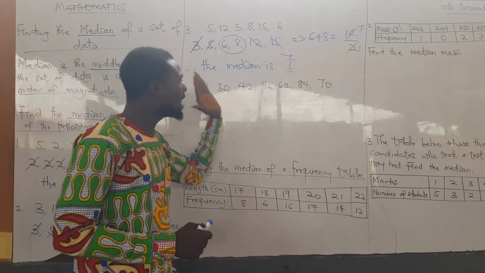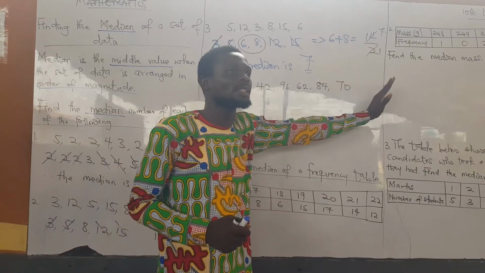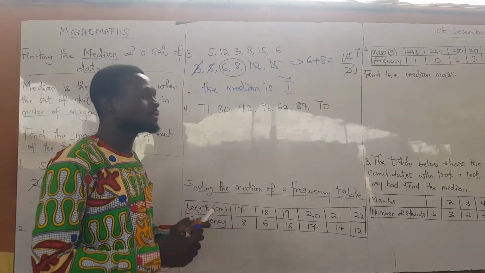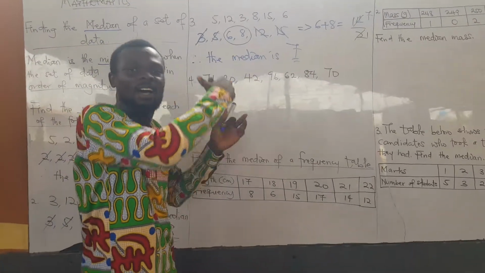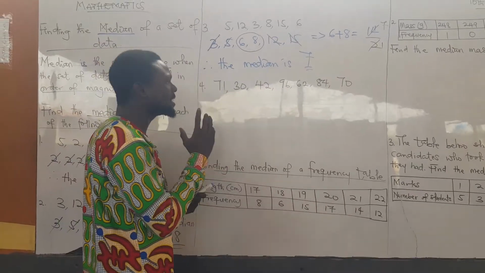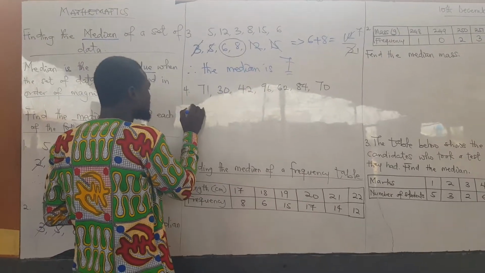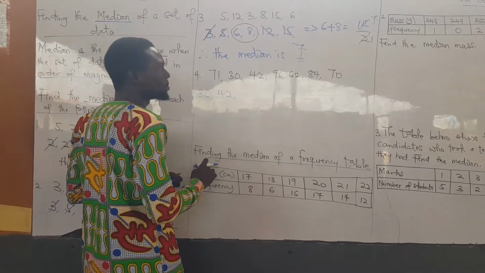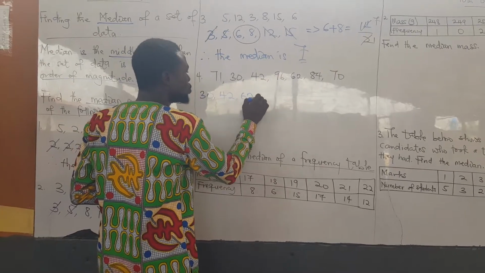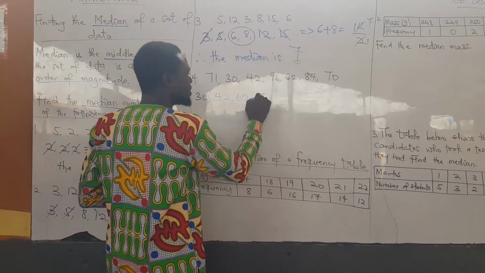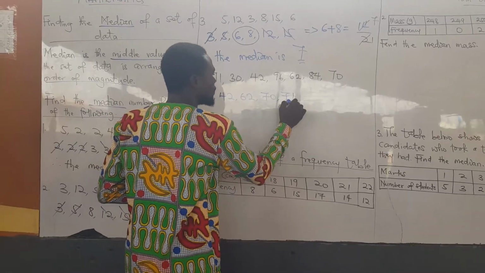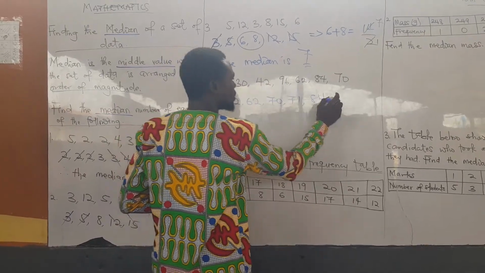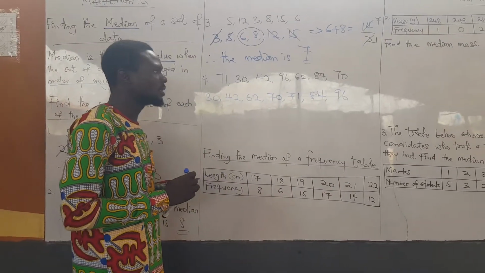To find the median number, arrange the given set of data in ascending order. If I'm arranging these numbers in ascending order, I'm going to get 30, followed by 42, followed by 62, followed by 70, followed by 71, followed by 84, and finally 96.